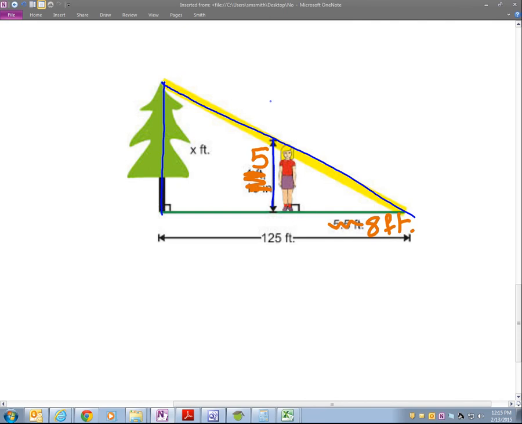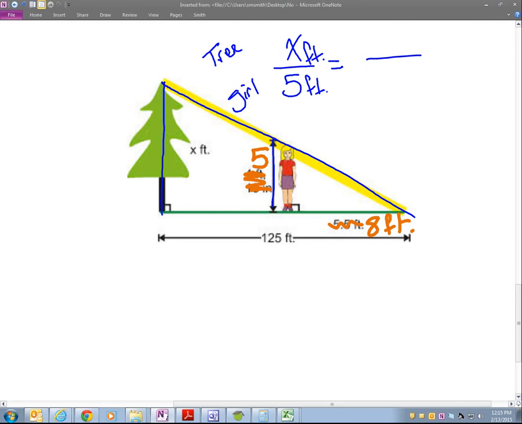So to set this one up, I'm going to have the tree be in the numerator, and I'm going to have the girl be in the denominator. So what is the height of the tree? X. We don't know. What is the height of the girl? 5 feet. So we have X feet and 5 feet.